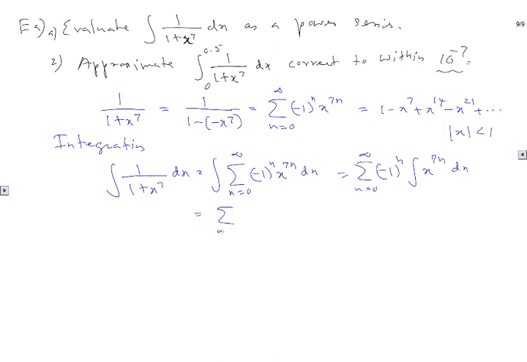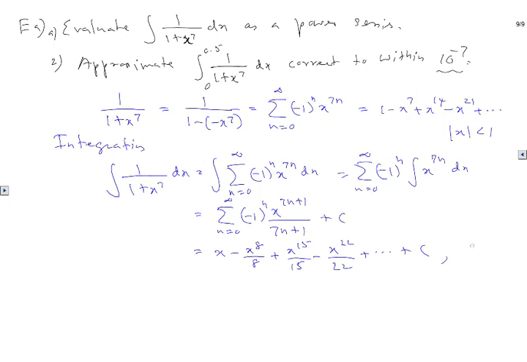So this one is sigma n going from 0 to infinity, negative 1 to the n, x to the 7n plus 1 over 7n plus 1, plus c. If you write the first few terms, it is x minus x to the 8 over 8 plus x to the 15 over 15 minus x to the 22 over 22, like that, plus c.